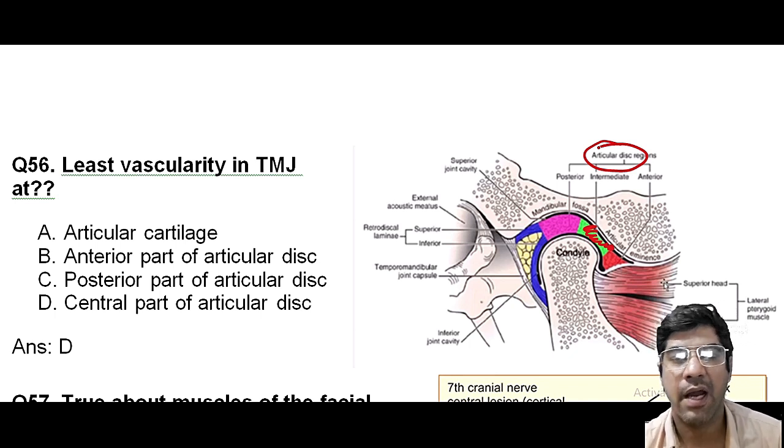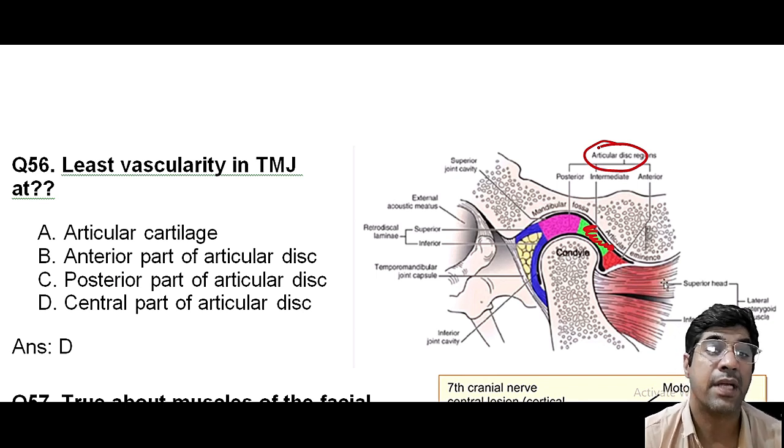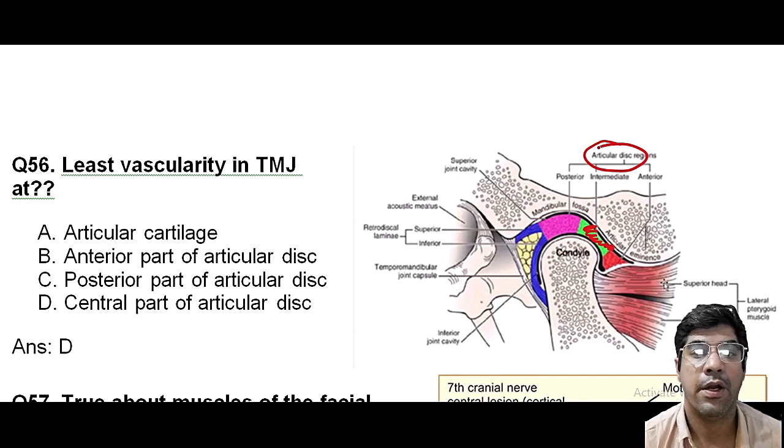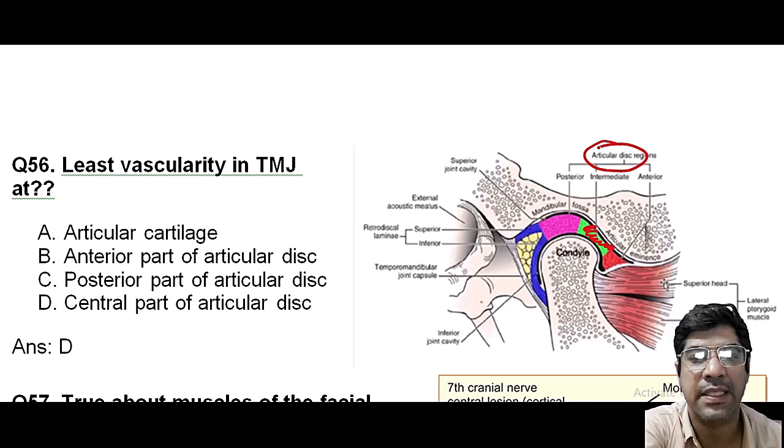Damage in the central part may not heal, and takes time due to its limited blood supply.